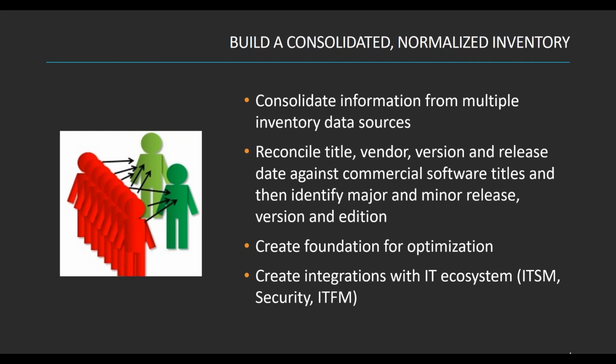They reconcile the title, the vendor, the version across all of the devices in your environment. They strip out things like, do I care about every single patch level? Probably not. Do I care about every major, minor release? Probably not. I just want to find out for the machines in my environment and for those software usage, what am I using? What is the core atomic unit of licenses which I need to look at? And that's what normalization is going to provide you.